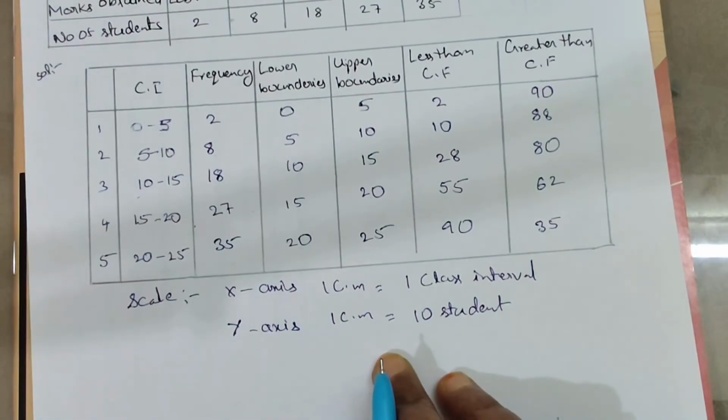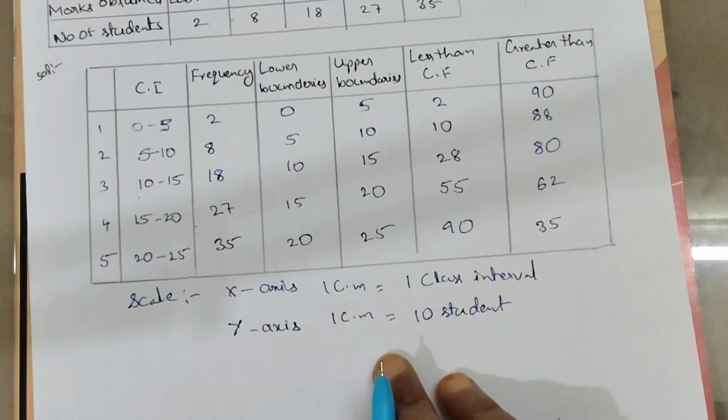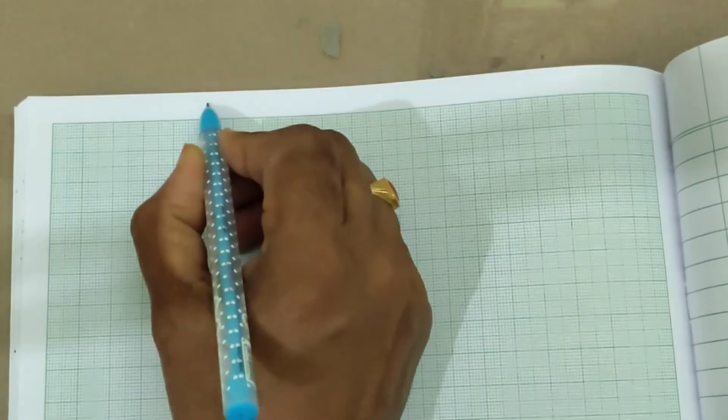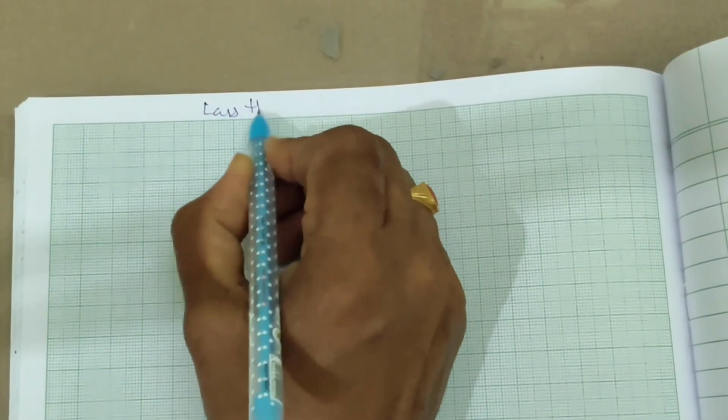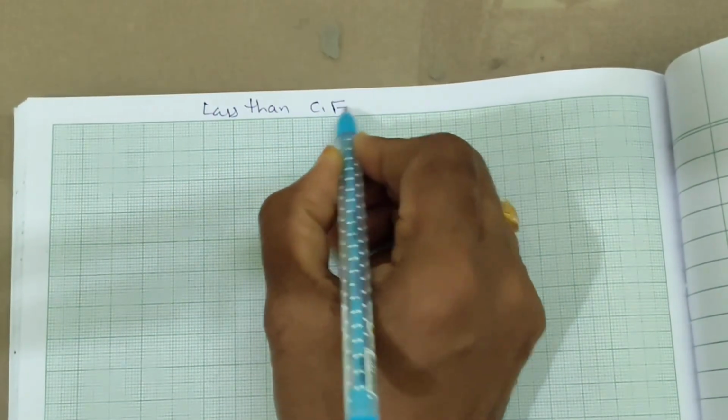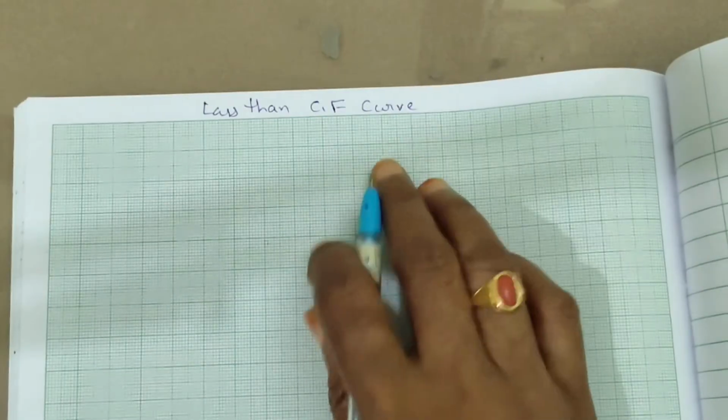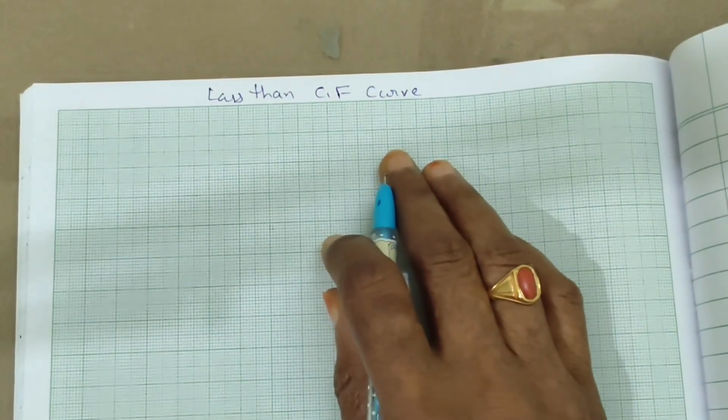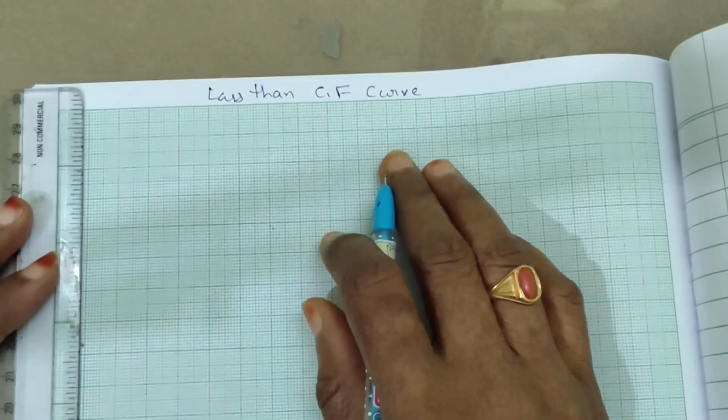Now next we draw the greater than cumulative frequency and less than cumulative frequency curves. First we draw the less than cumulative frequency curve. So now first we draw one vertical line.